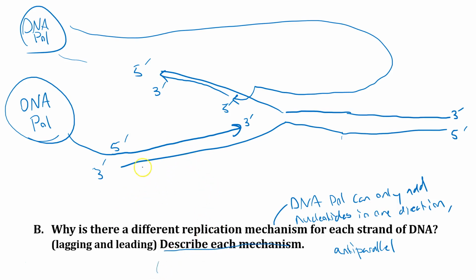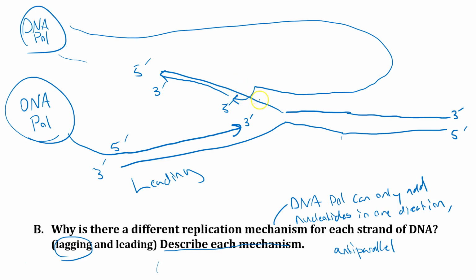Describing each mechanism, well, if we're talking about this one here, this would be the leading strand, and this one's pretty simple. Basically, DNA polymerase binds, and it reads the template, and it just continuously adds new nucleotides, and that's all there is to that. The lagging strand is the one that's the hardest to talk about. Okay, so the lagging strand, if this was on an exam or something, you would want to word it something like: the lagging strand is built in a series of pieces known as Okazaki fragments.